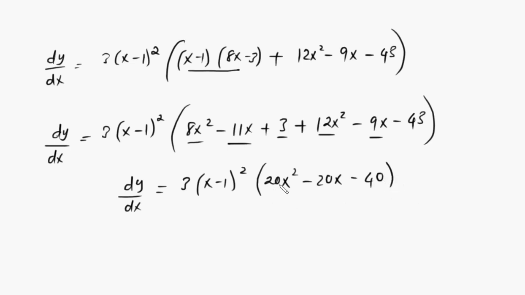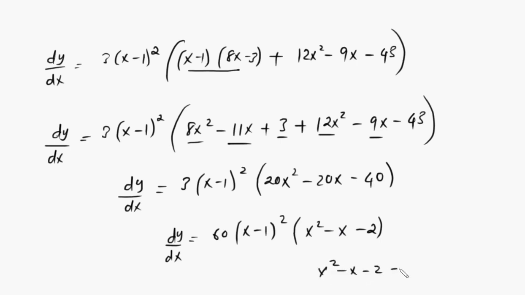So now I can factor out 20, okay? Niki factor out 20 times 3 inakuwa ngapi? 60. So dy/dx itakuwa sasa 60(x minus 1) squared. Kwa hiyo ndani nabaki na x squared minus x minus 2. Lakini huyu x squared minus x minus 2 nikimfactorize ni sasa niseme (x plus 1)(x minus 2), okay?